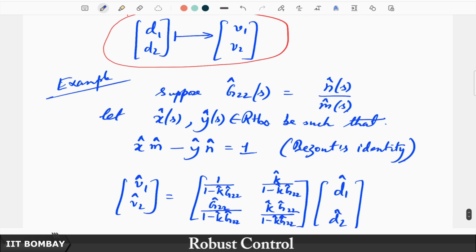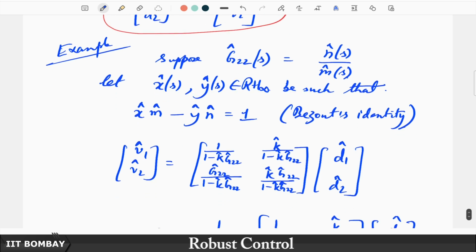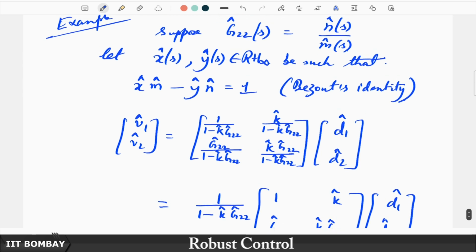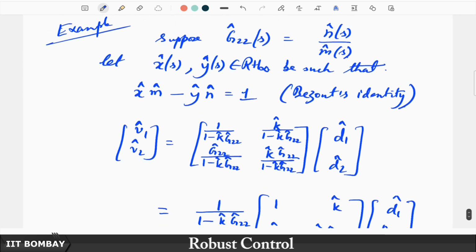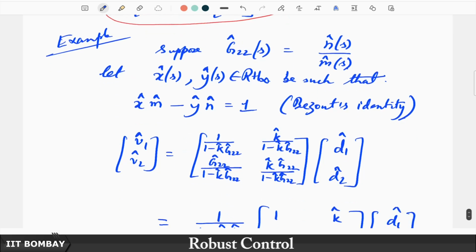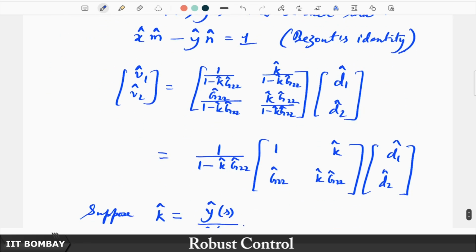And then we say that, look, if this G22 has a co-prime factorization, then by the Bezout identity, this following result is going to be true, that x hat m hat minus y hat n hat is equal to 1, that is the GCD. The GCD has to be just 1. Now, we look at explicitly what this transfer function is, and we say that if this transfer function has to be stable, then each component of this transfer function must be stable.